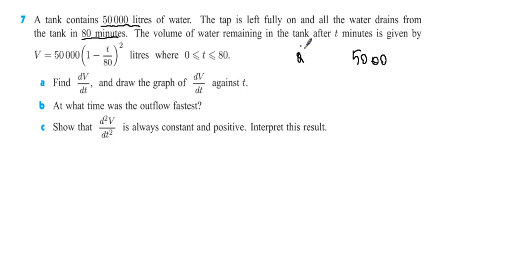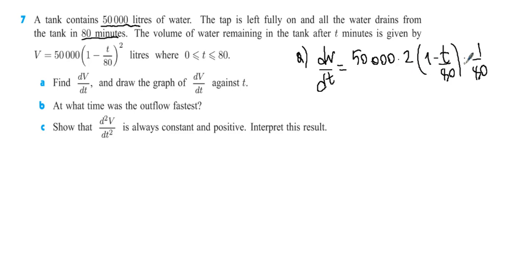Part A, let me do it here. It will be 50,000 times 2 times 1 minus t by 80, times minus 1 by 80. You can simplify to indicate that this is a line.